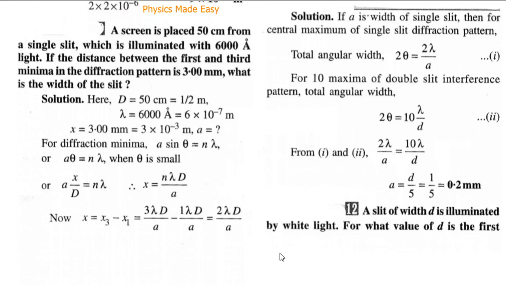I will write a general formula. This is delta x. Distance is given. Now this is x n plus m minus xn.